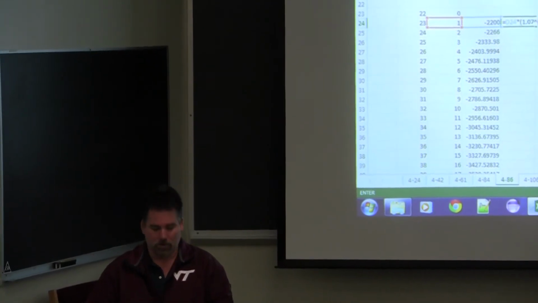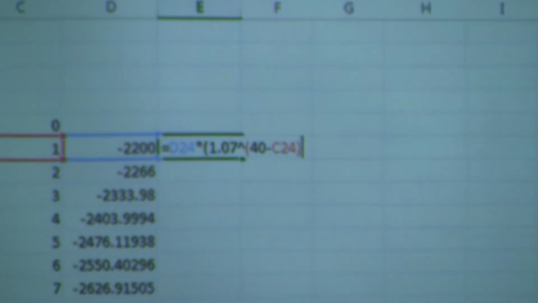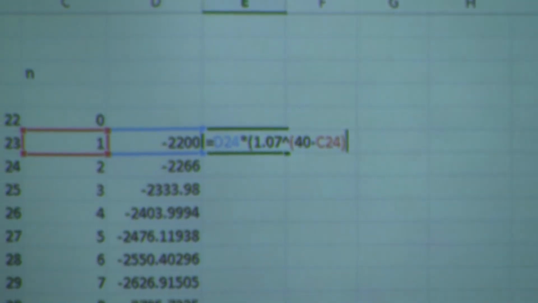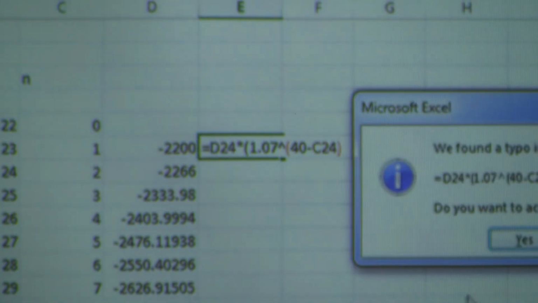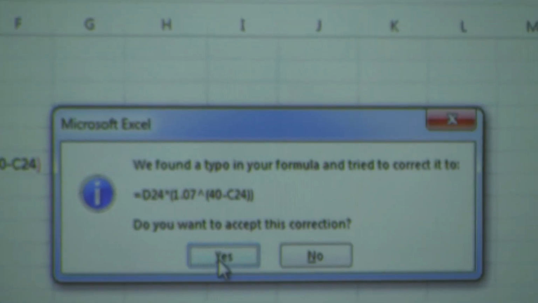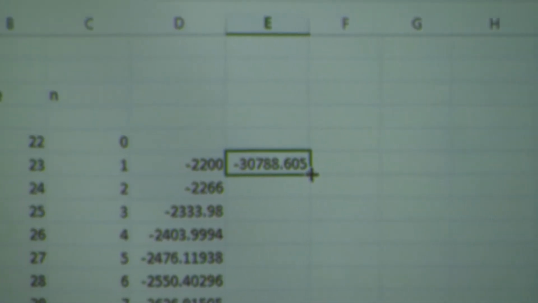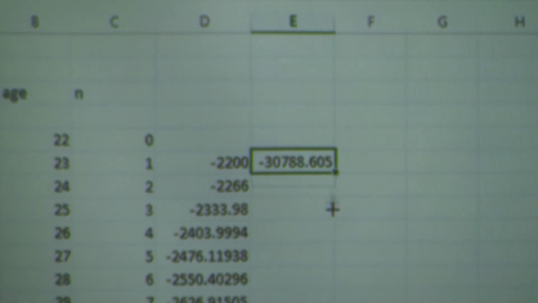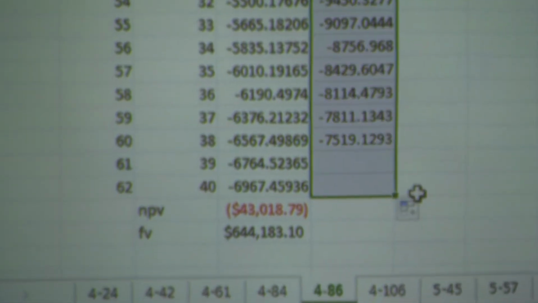And what it will do is it'll take the next value, multiplied by 1.07, raised to 40 minus 2, then 40 minus 3, and so on and so forth. And I don't have to retype this formula every time. So each one of these should be the future value of those payments.